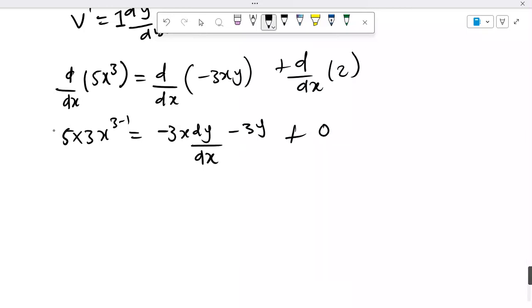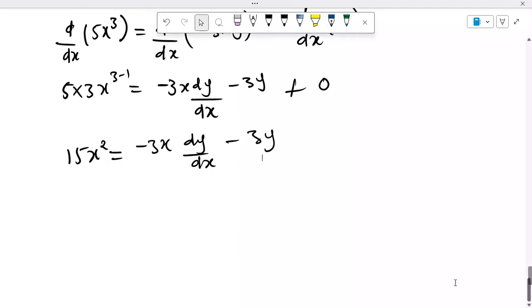Okay, so further simplify. This is the same as 15 x to the 3 minus 1, which is 2, equals negative 3x dy/dx minus 3y. So we have to make dy/dx the subject of the formula. We can take this guy to the other side, or we can take this whole term to this side and take this guy to this side, anything you want.